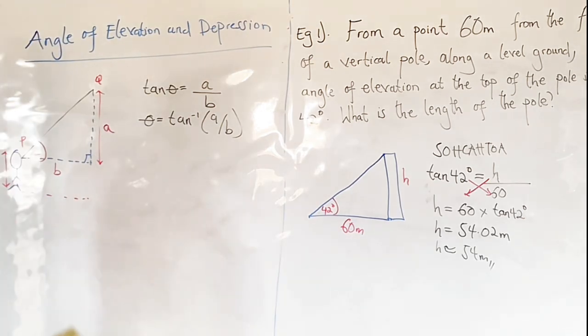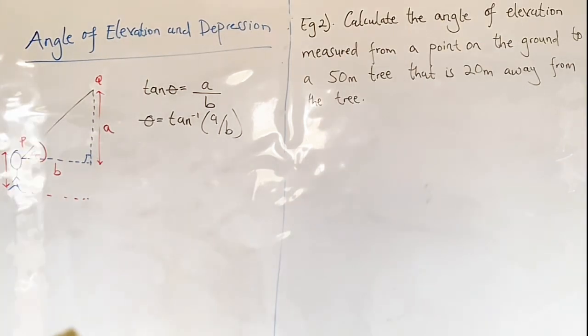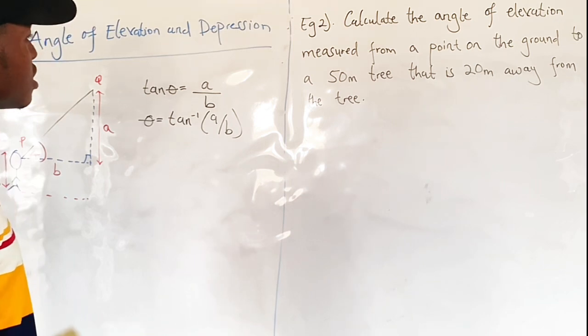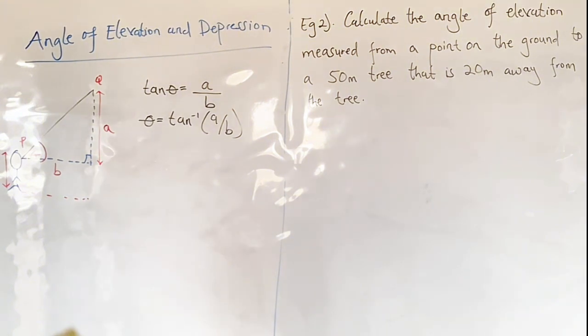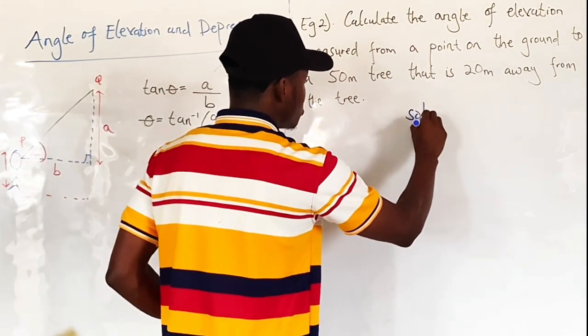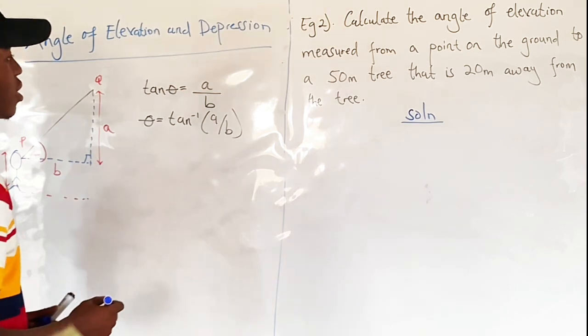Let's quickly look at the second example. Our second example is: calculate the angle of elevation measured from a point on the ground to a 50 meters tree, that is 20 meters away from the tree. Here we are to find the angle of elevation. To solve this, we must first represent the information on the diagram.